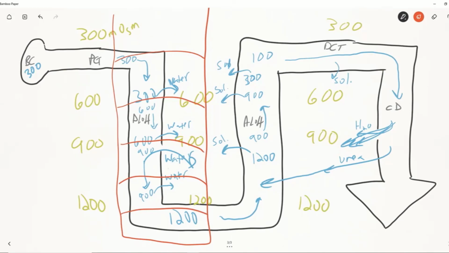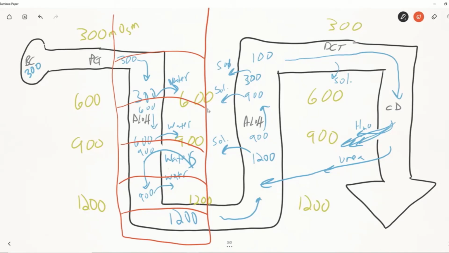And when water is reabsorbed, it's passed into the vasa recta to be carried away. Some solutes also pass in to be carried away. But we do not just leave the water to hang out there in the interstitium. It goes into the vasa recta to be carried away.